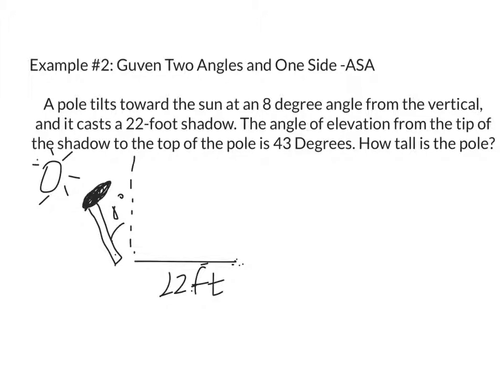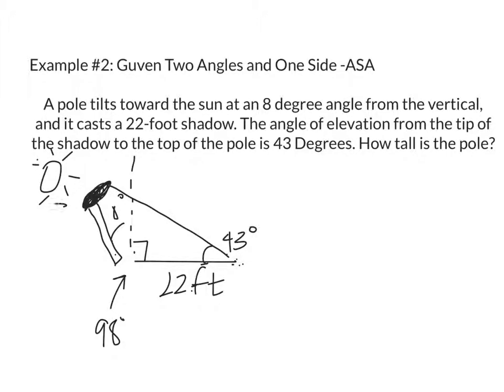Okay, so let me go ahead and draw this. If we were talking about an angle of elevation, that means that this portion right here is 43 degrees. If it was 8 degrees toward, and we know a right angle is 90, then that means that this angle here is actually 98 degrees.